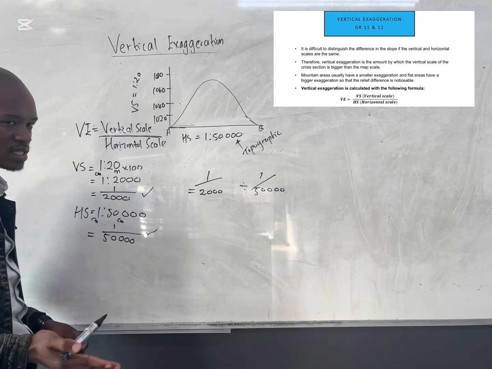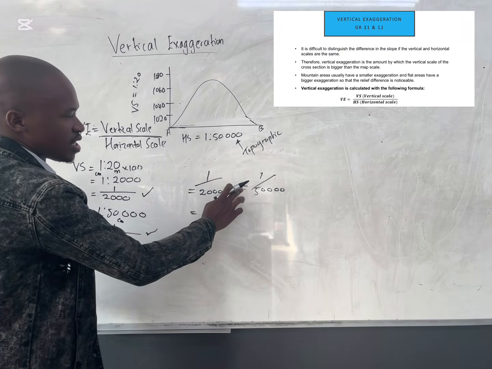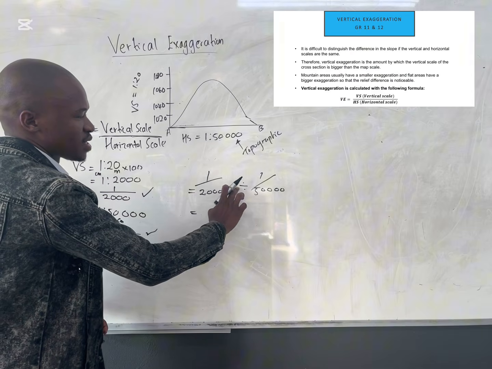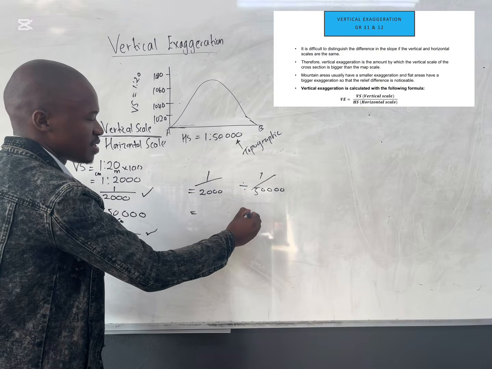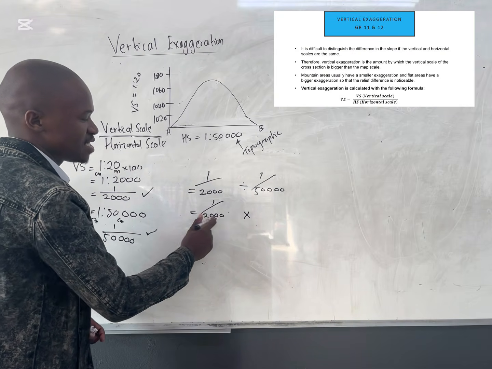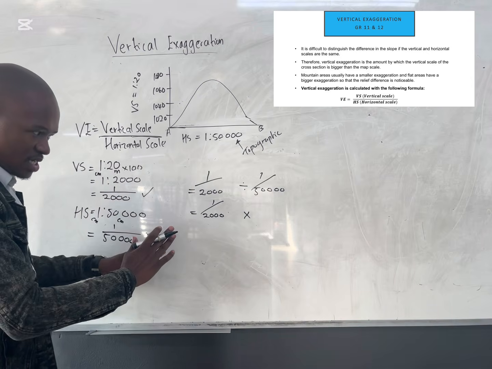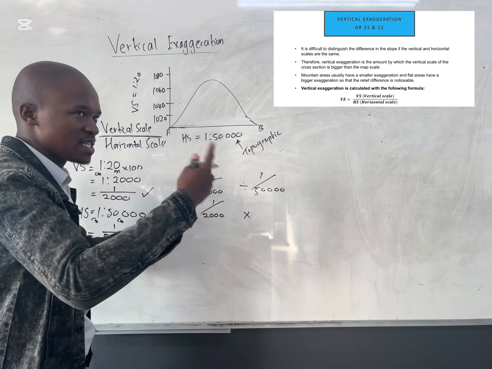So you get an answer. But you're going to lose a mark for a very important step. Remember in maths, if you are dividing two fractions, you need to change this sign to a multiplication sign. The first part remains as it is. This 1 over 2,000, you don't change it. But the 50,000 becomes, I think the word is inverted, right?